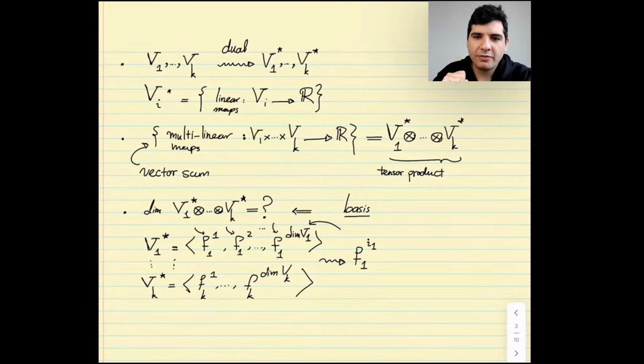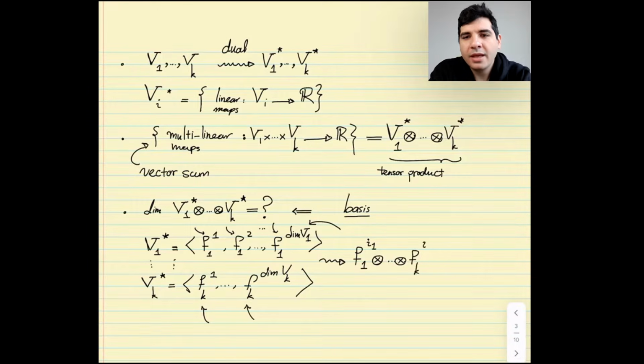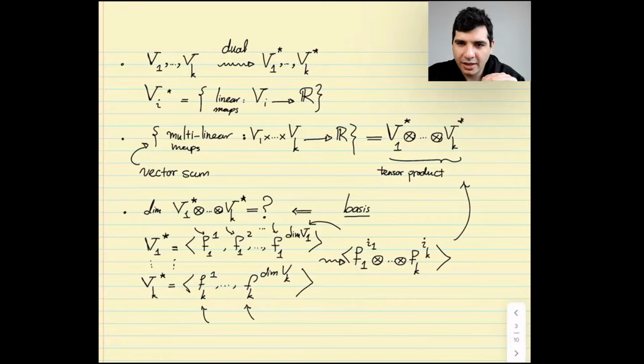Pick one of the elements from there, etc. Up to the last line, Vk star, pick one of the vectors from F1k up to F with superscript dim Vk. If we consider the tensor product of these, it would be an element in the tensor product of V1 star up to Vk star. And in fact, if you consider all different choices you can make from each line, you get a basis for this space.